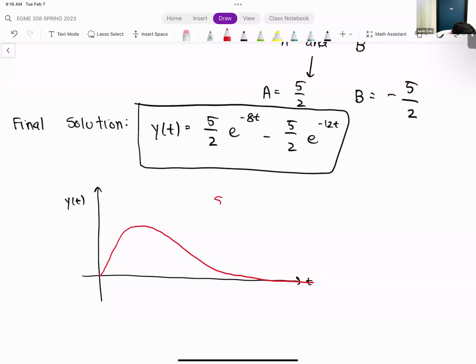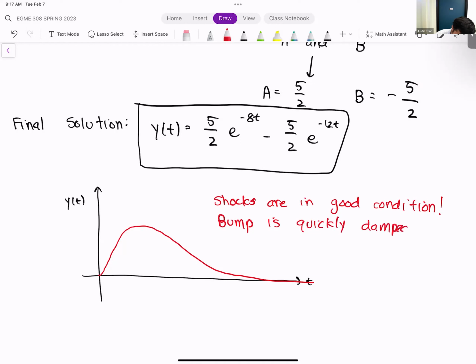So the speed bump is quickly damped away.